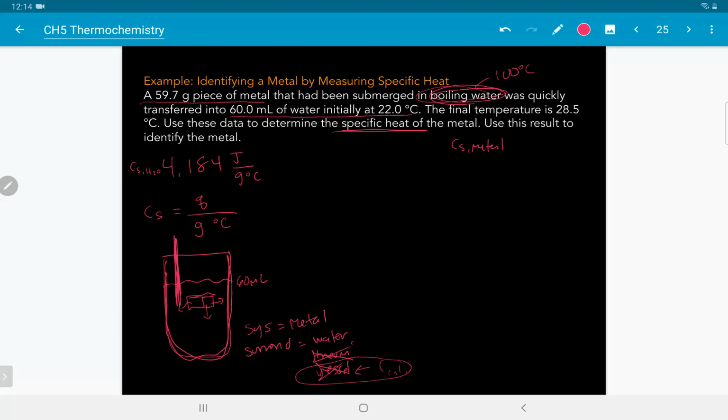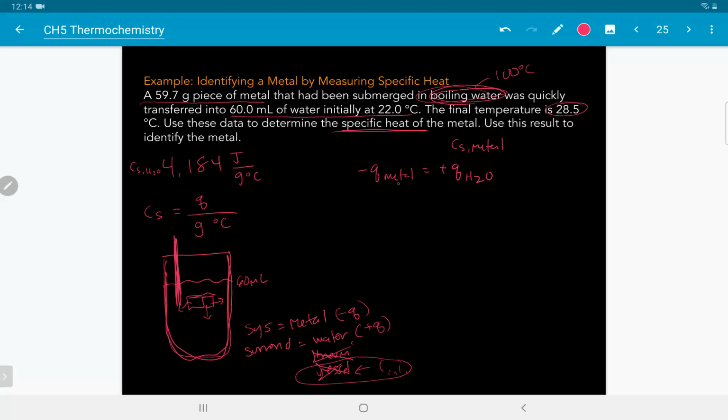So when we think about that last thing, the system is the metal, right? It was at boiling, and then it's going to be at a final temperature of 28.5. That means that it is releasing energy, so that's going to be our negative Q. That means that the water has to be our positive Q. So we can say negative Q metal equals positive Q water.